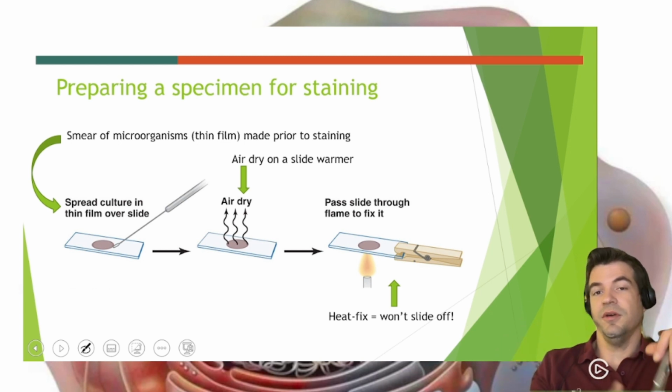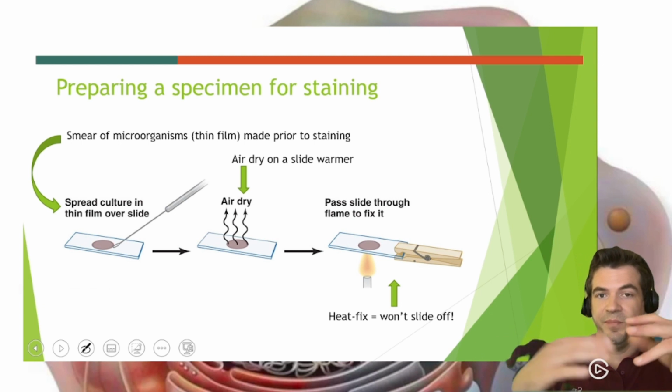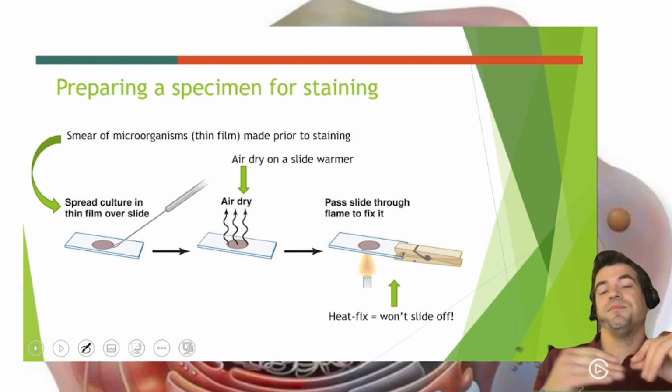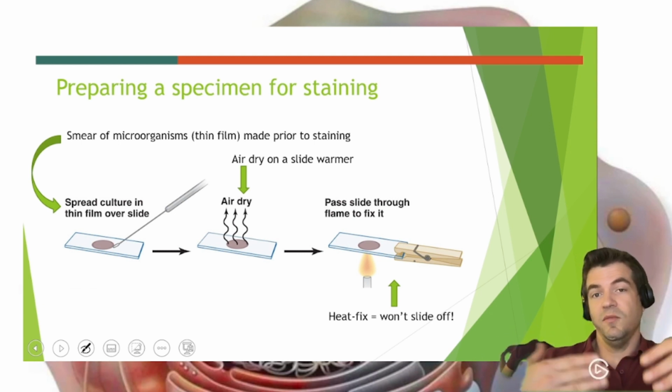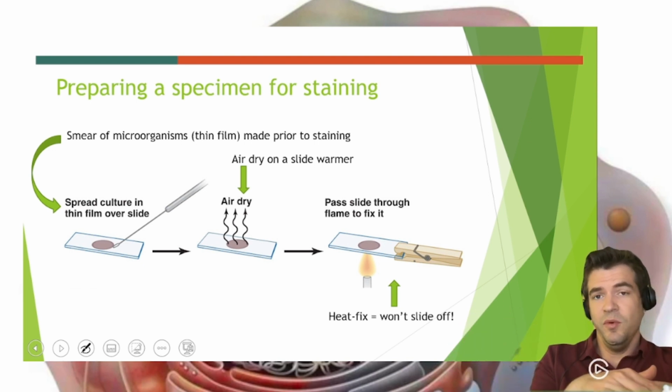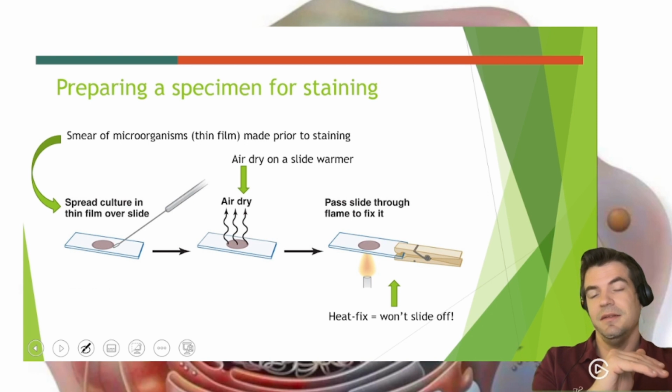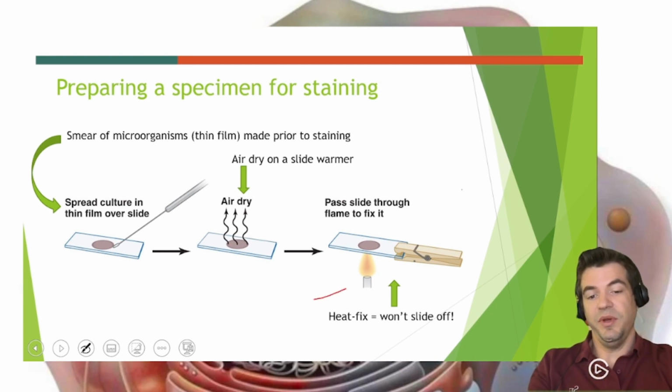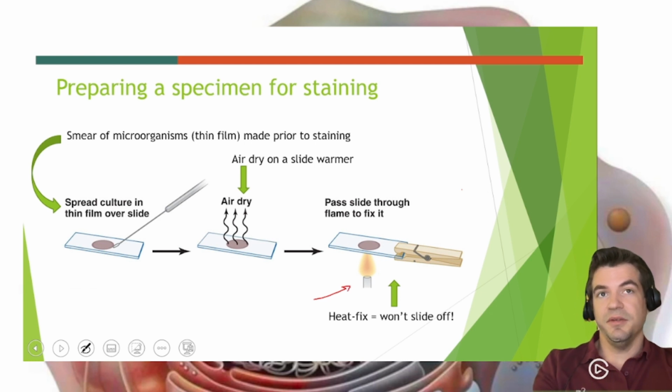They are no longer how they're supposed to be, and they can't go back to what they were doing. Now they're an egg white, we eat them, they taste good. But if you don't have enough oil on the pan, they stick. They're denatured and sticky to the pan. And that is what we do when we heat fix the bacterial smear.